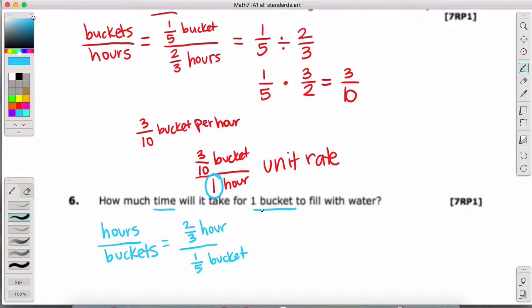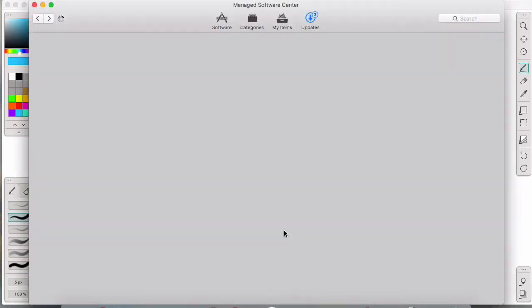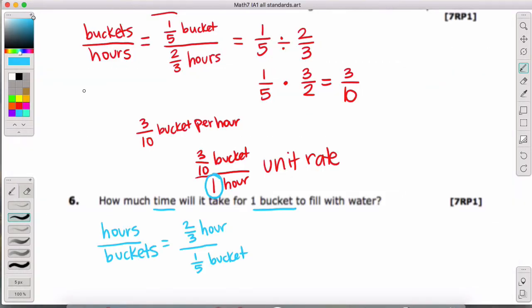So to find out how much one bucket would be, there's a couple ways you could think about this. I have 1/5 of a bucket. I could just multiply by 5 to get to one whole bucket, and then multiply 2/3 by 5 to get to however number of hours. I'm not going to approach it that way though. What I'm going to do is find the unit rate, and the unit rate's helpful because that will give me one bucket. I'm actually going to do this 2/3 divided by 1/5 in order to get my unit rate.